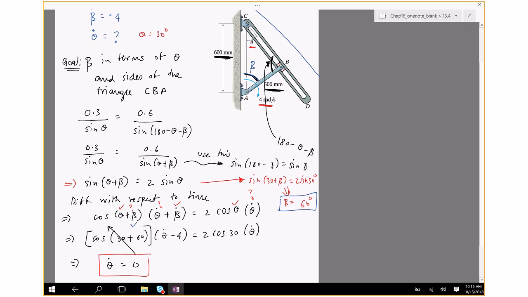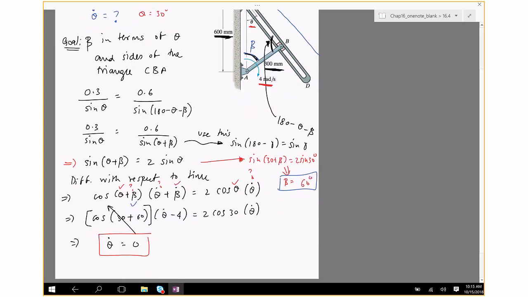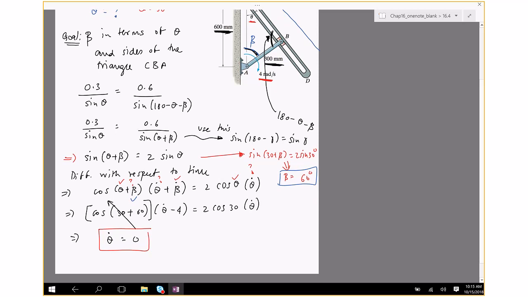So this thing about kinematics of a rigid body is that just because beta dot is constant does not mean theta dot is also going to be a constant. It will be a function of time. So it just turns out that it is 0 at this instant. Okay, is that clear?